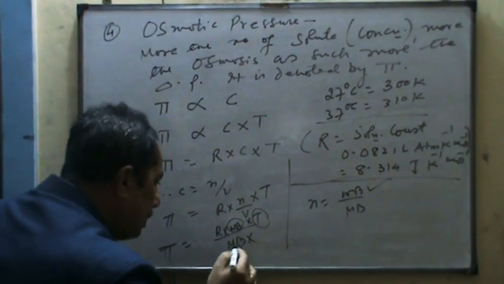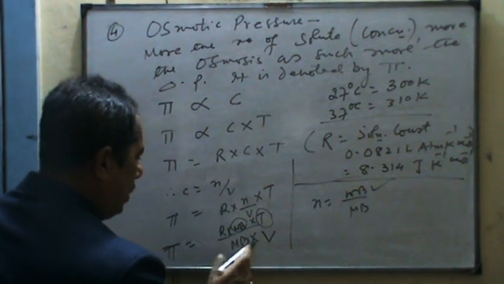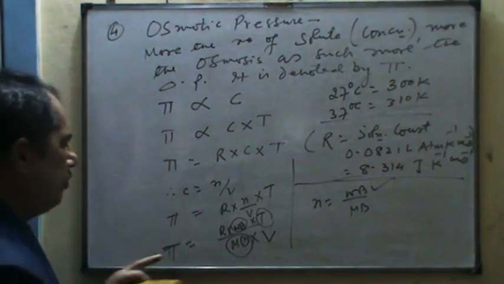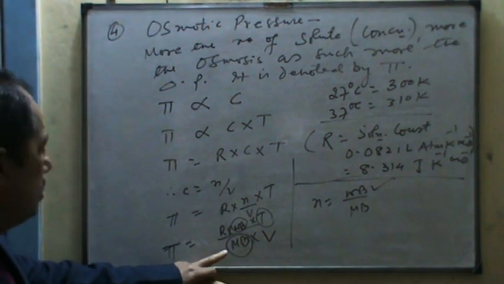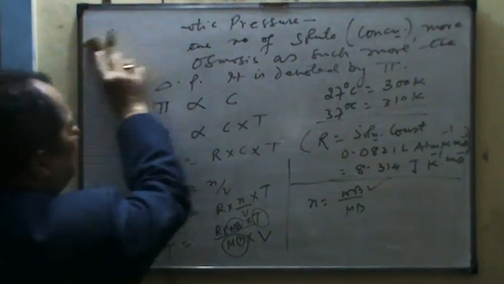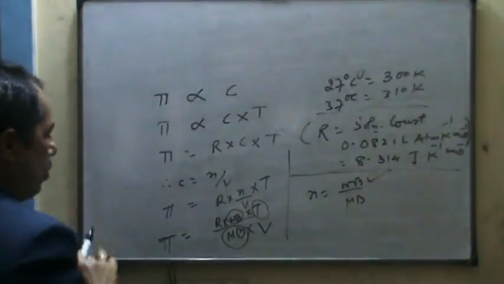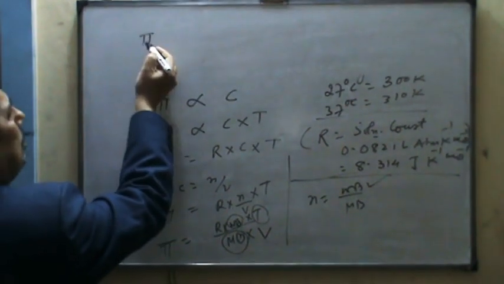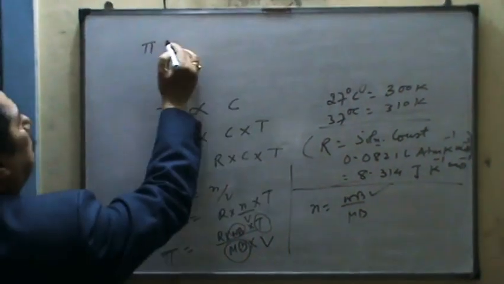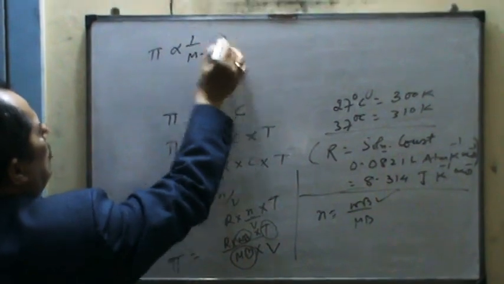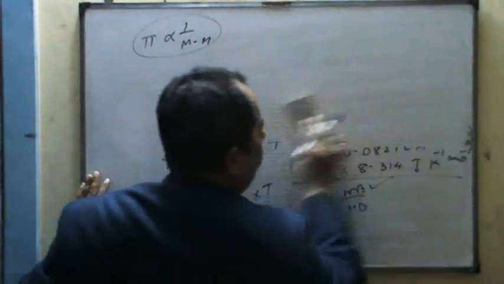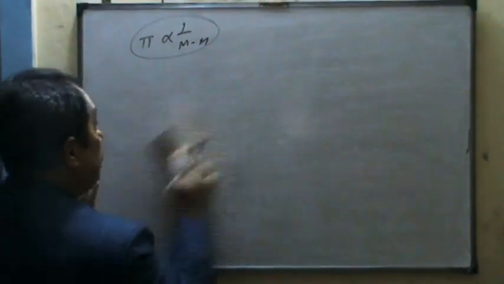And then you can calculate the molar mass of non-volatile solute. And see, once again we have proved pi is one of the important colligative properties. Therefore, it is inversely proportional to the molar mass of non-volatile solute.